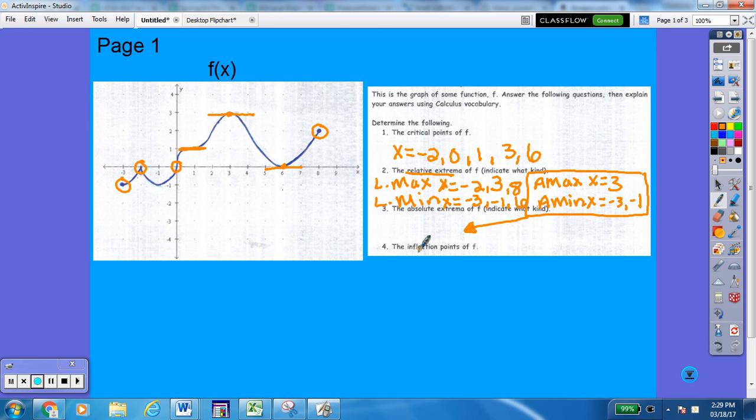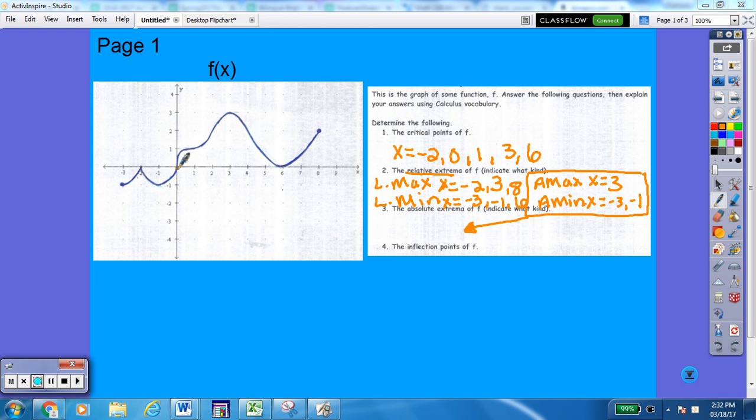All right, inflection points. Now, inflection points are where concavity changes sign. So where does the concavity change? Well, I can tell here that we're concave up, and while it's tempting to pick -2 as an inflection point, on the right side the concavity is still up, so there was really no concavity change, so we can't include -2.